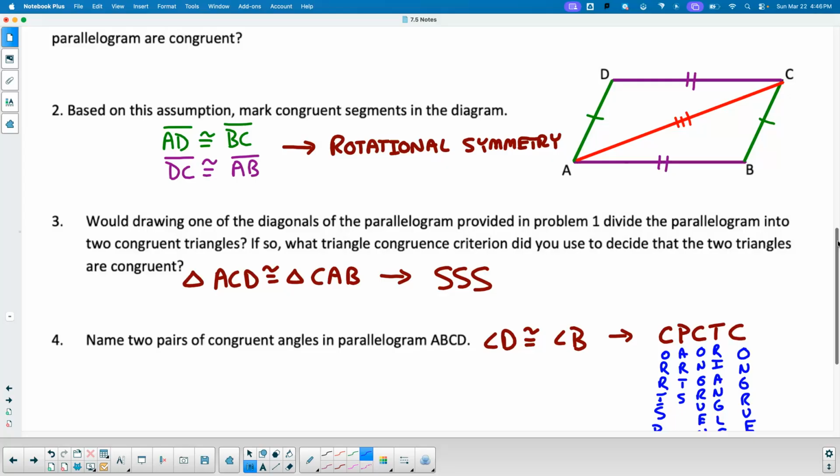So then we could also say here that if we use the other diagonal, we could then say that angle A is congruent to angle C. Just the same way that we said in our triangle that we drew that angle D was congruent to angle B. Okay?